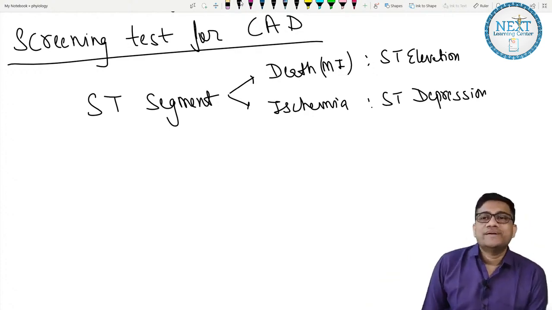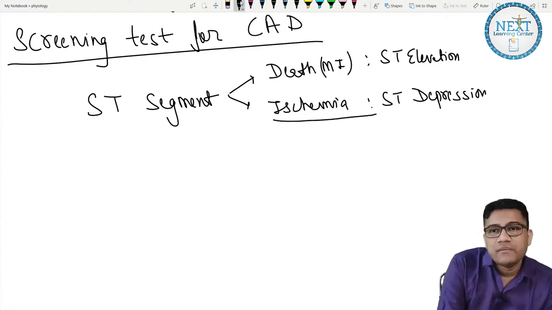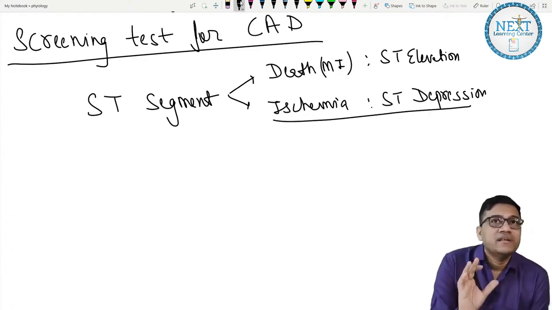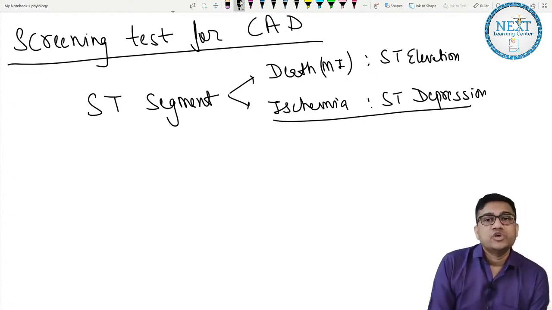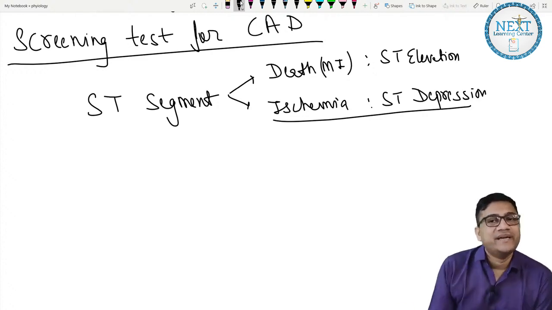So death is MI. How to remember this? Look, ischemia means there is less blood but no death yet, and once the less blood supply continues, death occurs. So what appears first? Ischemia, then death.